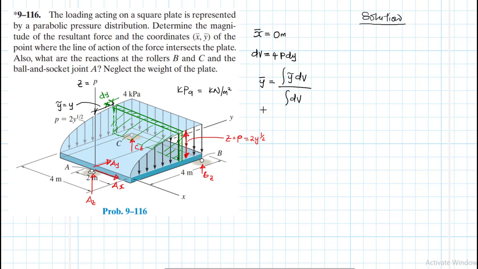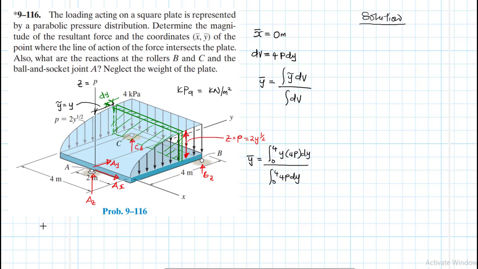All right, so now with that, we just need to replace. So we have y bar is going to be equal to the integral, we are integrating along the y-axis, from 0 to 4. Y caret, we said, is just y, and the dv we already defined as 4p dy, divided by the integral from 0 to 4 of 4p dy. Great.